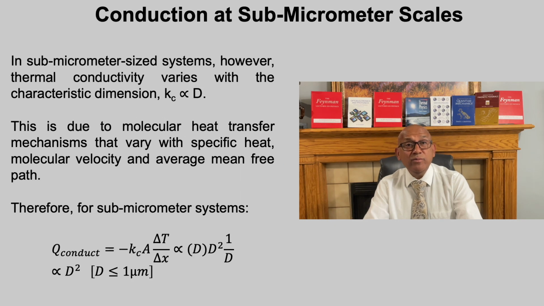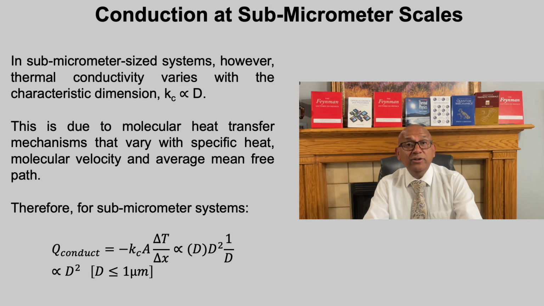In sub-micrometer size systems, thermal conductivity no longer stays constant. Instead, it scales with size, making Kc proportional to d. This happens because heat transfer at very small scales depends strongly on molecular mechanisms such as specific heat, molecular velocity, and the mean free path of the molecules.